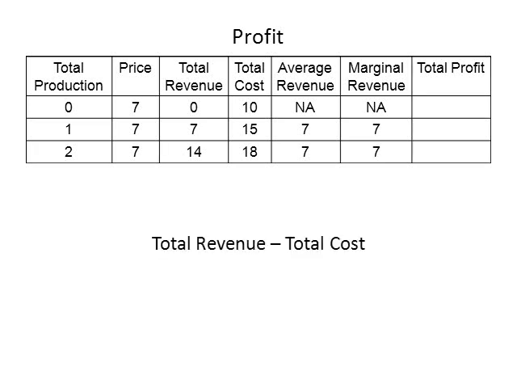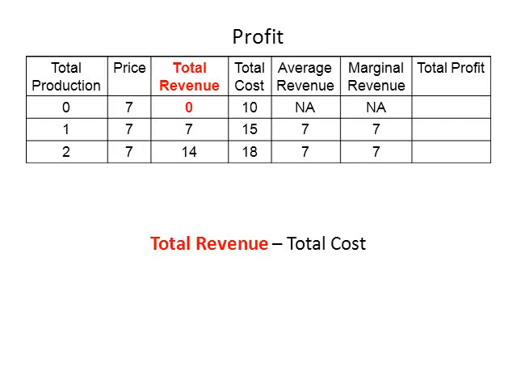The first step is to write down the formula. The formula is total revenue minus total cost. Next, locate total revenue in the table and total revenue in the formula. Notice that 0 is the first total revenue in the table. Next, substitute the total revenue in the formula with 0.